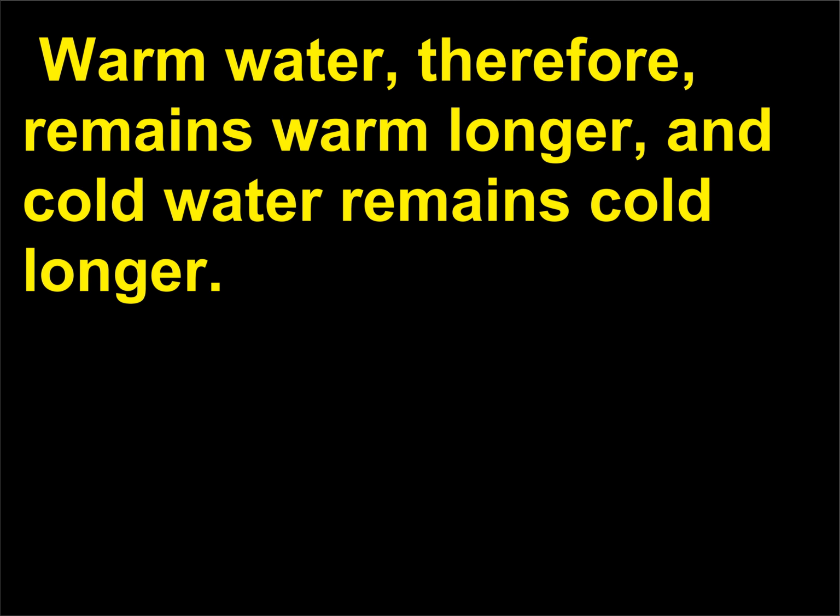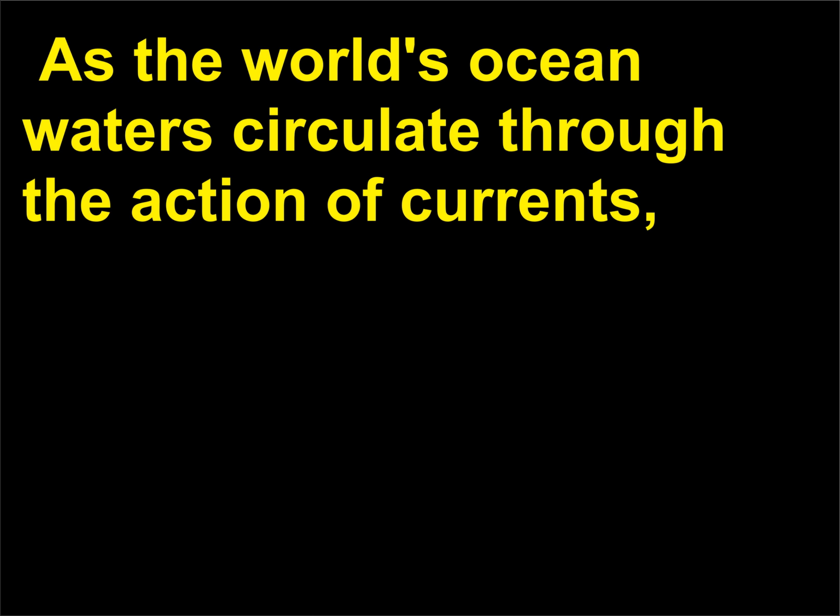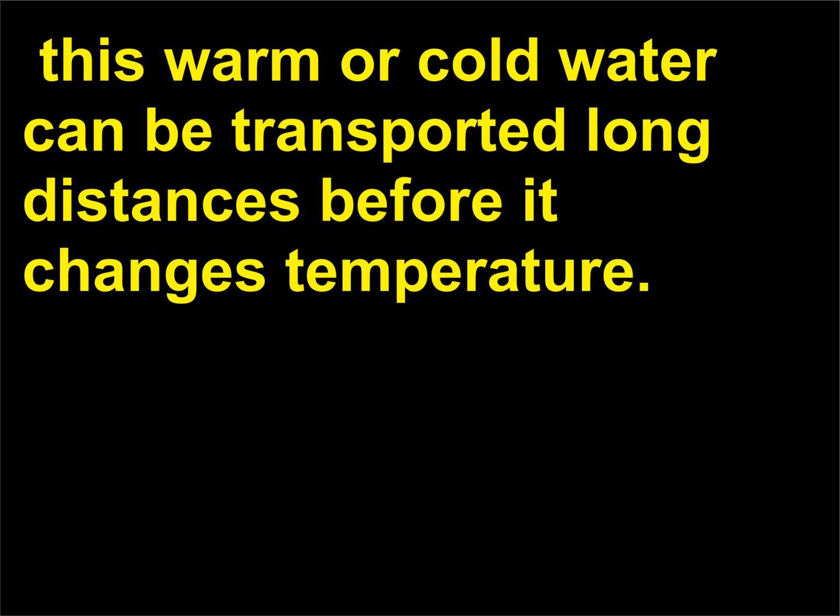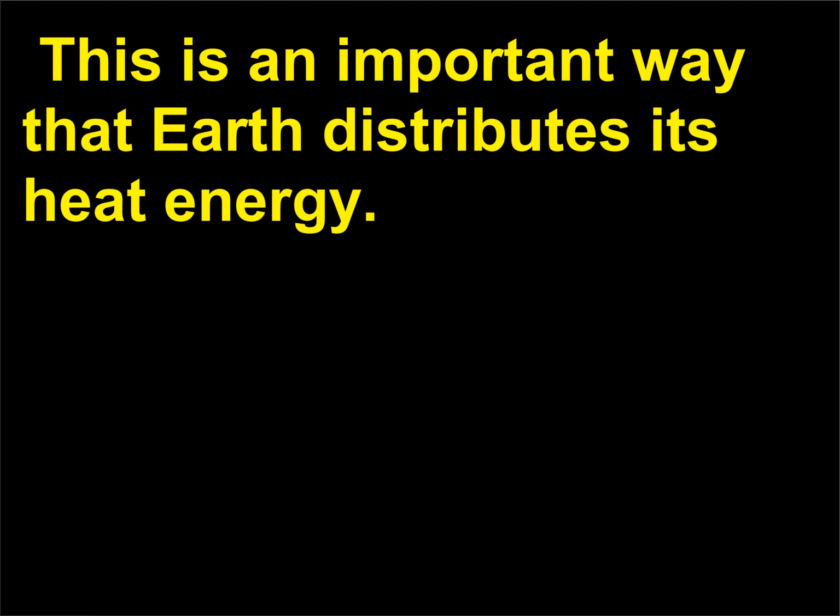Warm water, therefore, remains warm longer, and cold water remains cold longer. As the world's ocean waters circulate through the action of currents, this warm or cold water can be transported long distances before it changes temperature. This is an important way that Earth distributes its heat energy.